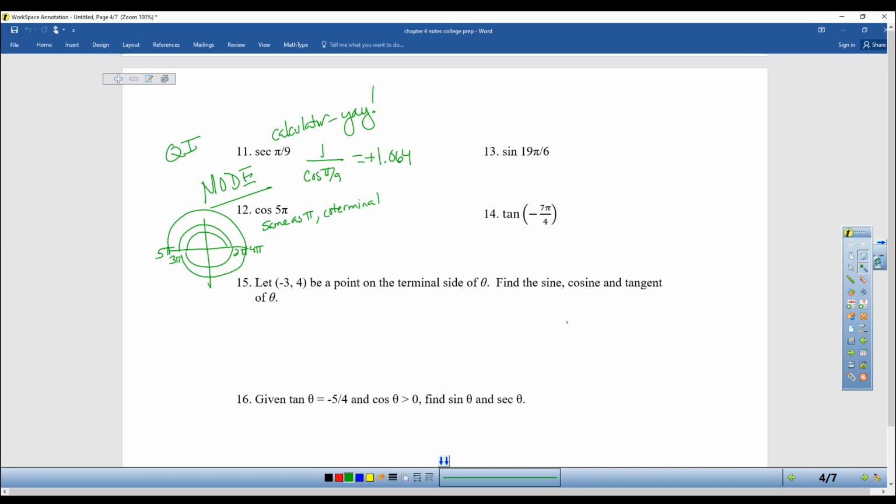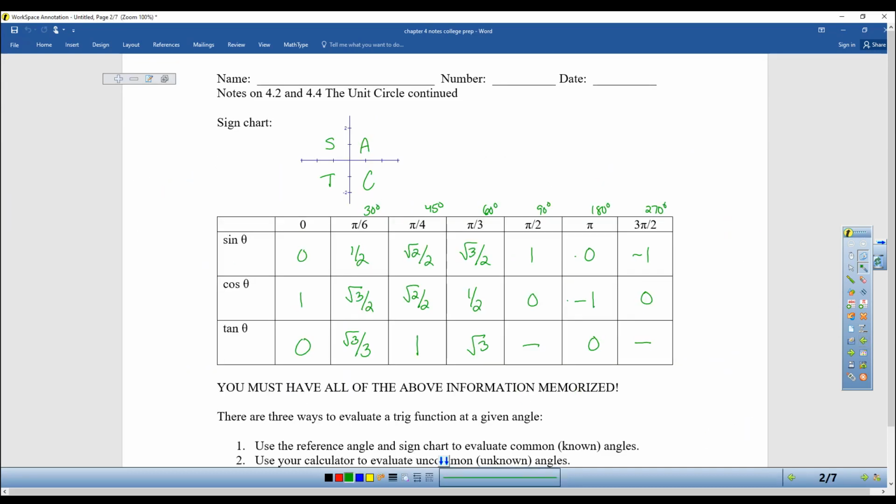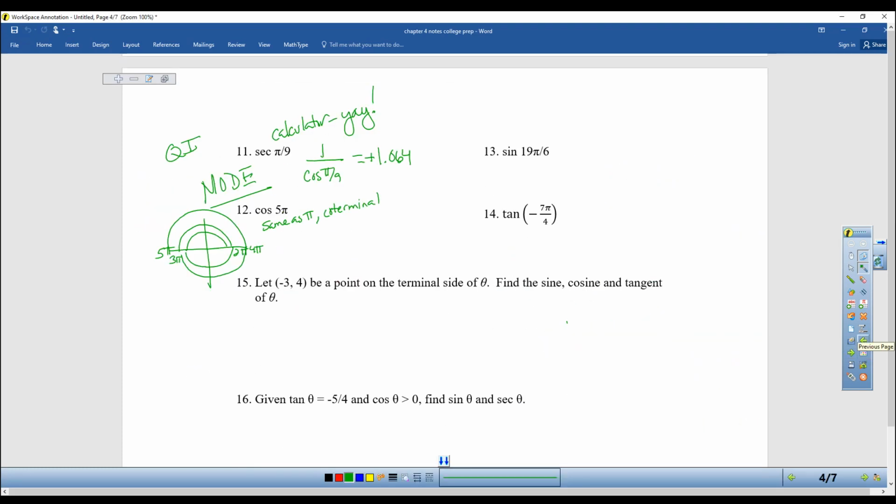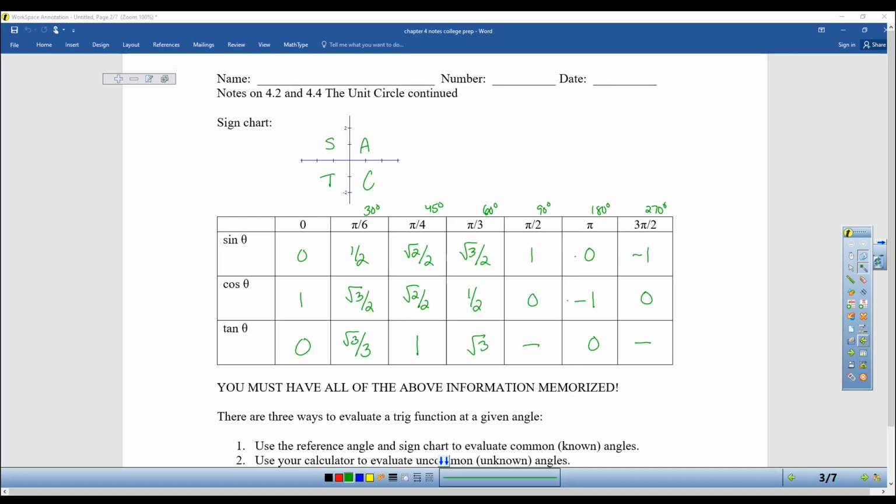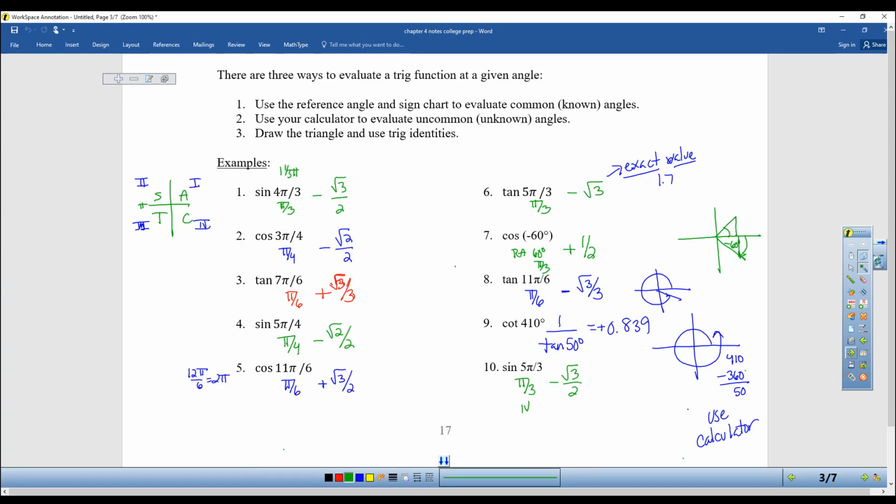So cosine of pi, according to my chart, is -1. So that one isn't in a quadrant. That's why those are on your chart, because these are the quadrantals. So those are called quadrantals. I had to give them to you because you can't use the quadrant method, because they're actually right on the quadrant.